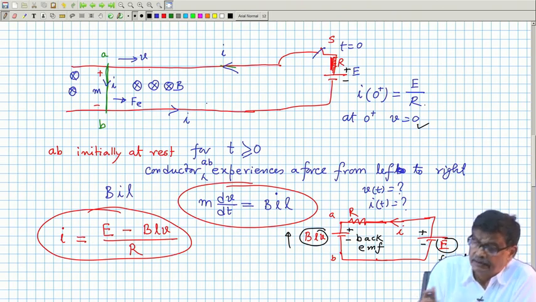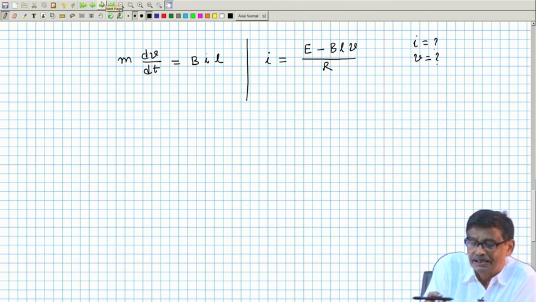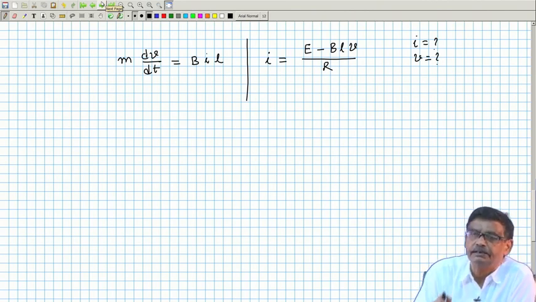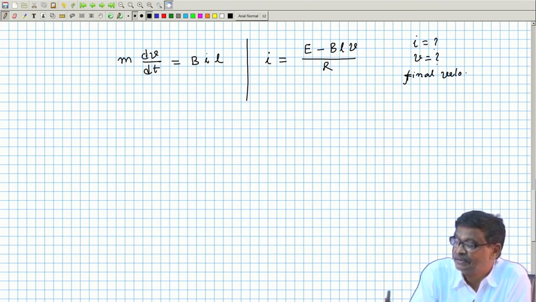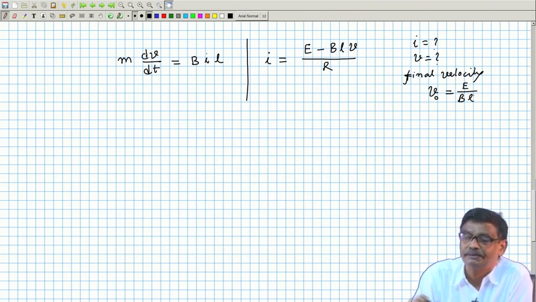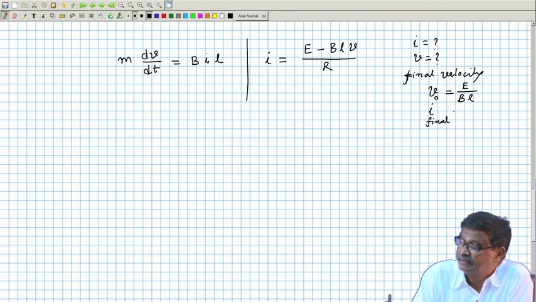Therefore, before proceeding further, by physically examining the system, I can conclude that the final velocity has to be some V naught, equal to E by BL, after a long time, and the final current I final must be 0.